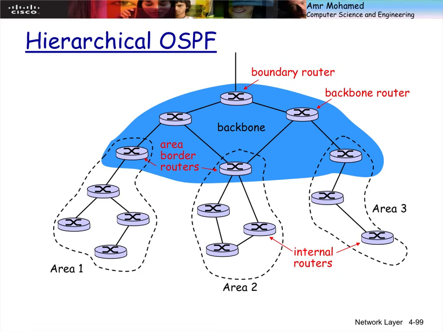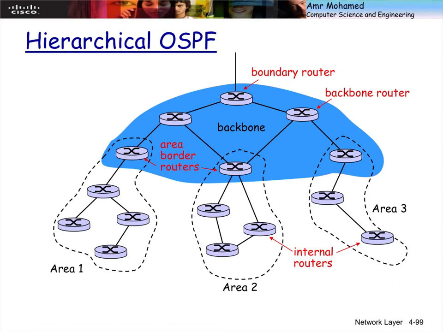The area border router summarizes the link state routing to other areas. Before it floods the link states, it may summarize them into one link, which means: if you want to send to anything here, send through me and I will send it to this area. So it subdivides the autonomous system into subdomains. We call them an area.